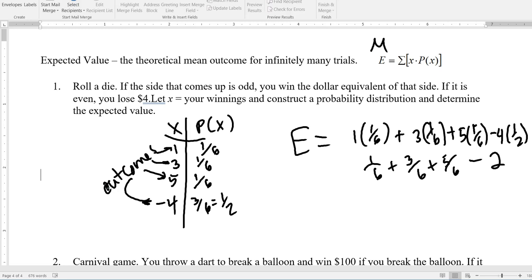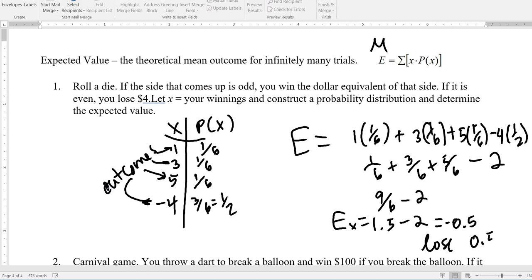So minus 4 is 9/6, or 1.5. I expect if I play this game to lose 50 cents, right? I take every x, every outcome.